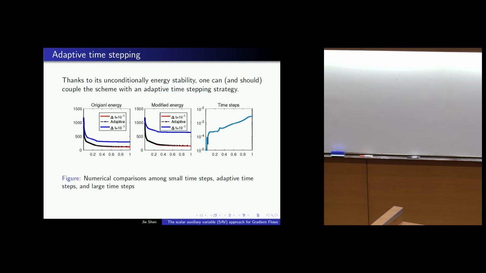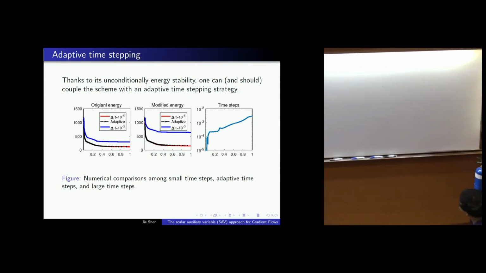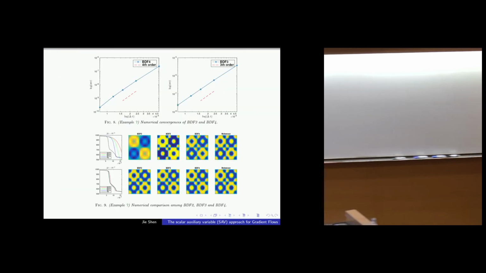And okay, here's an important point. You might ask, why do I need unconditionally energy stable schemes? If I have some conditionally stable scheme, they can do as well. The main advantage of the unconditionally energy stable scheme is that you can couple it with an adaptive time step, right? You look at the energy curve, or the previous energy curve.